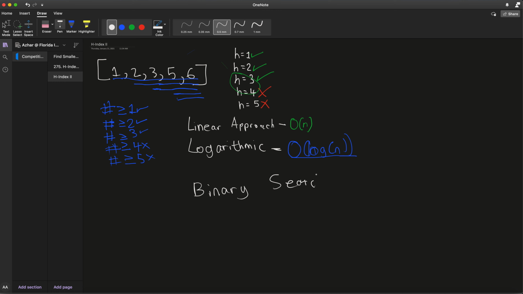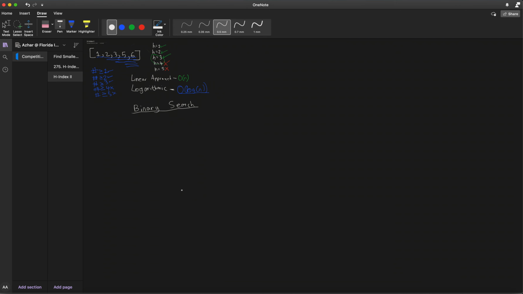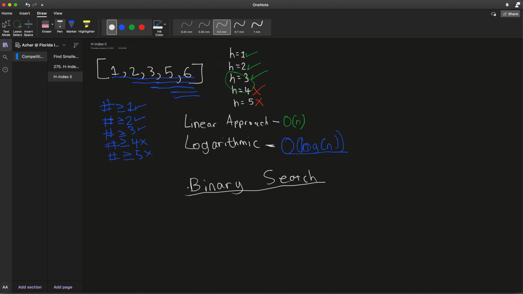So how can we use binary search to solve this problem? So we have our array here. Let's imagine, so we want to find the maximum value with the greatest h index. So how can we do this, right?